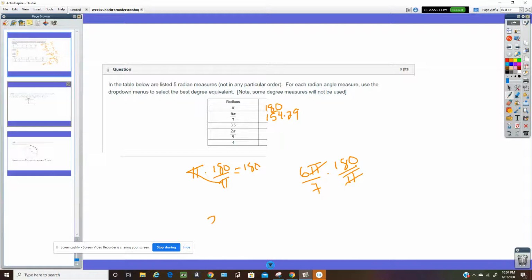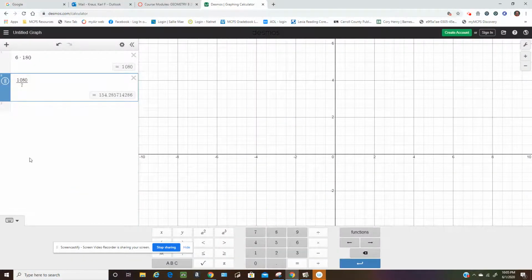And then 3.5 times 180 over pi. Go back to my calculator. 3.5 times 180 over pi is 200.54.